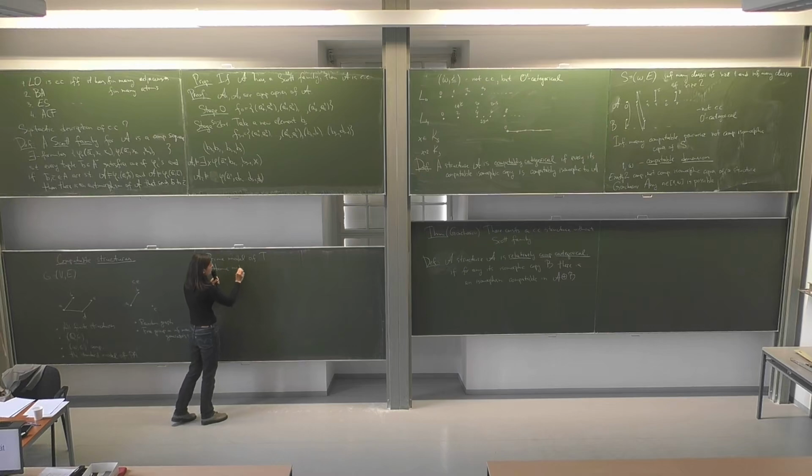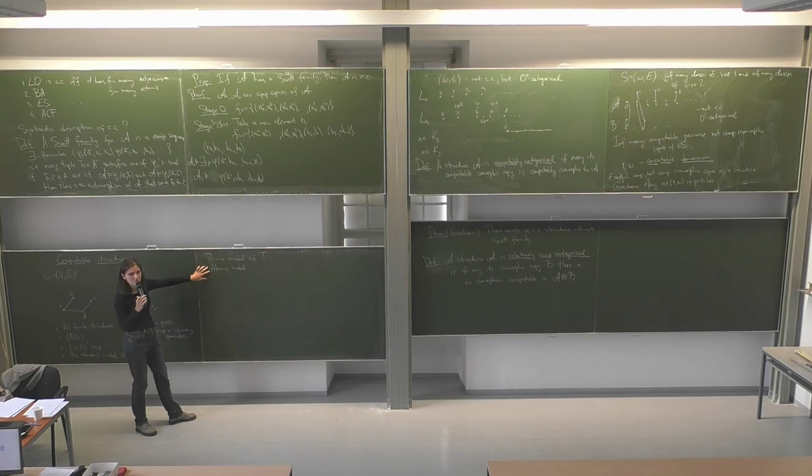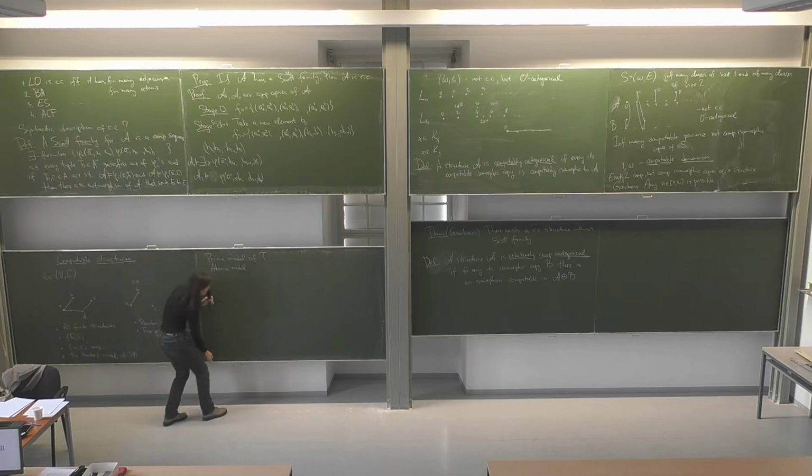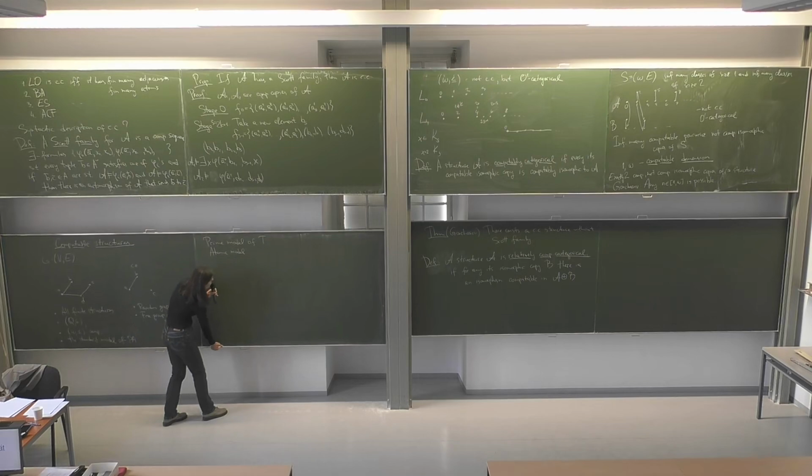Those are those that realize only principal types of the theory. And prime models, well, it is the same as a countable atomic model. In this countable situation, where we consider only countable models, prime and atomic is the same. So this is a classical result.